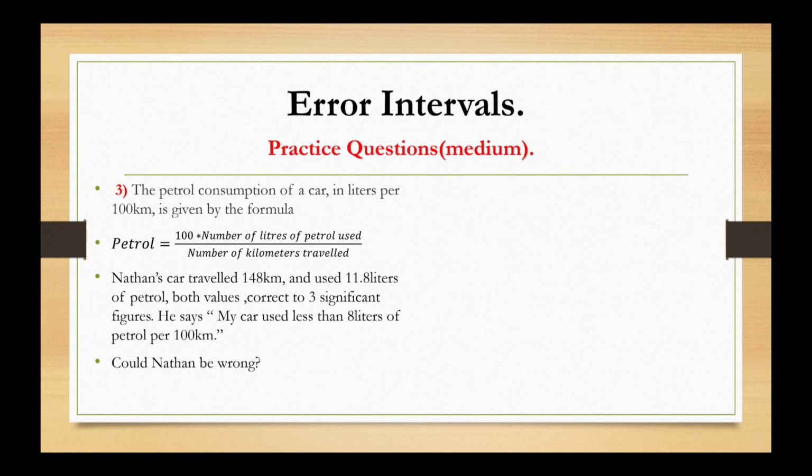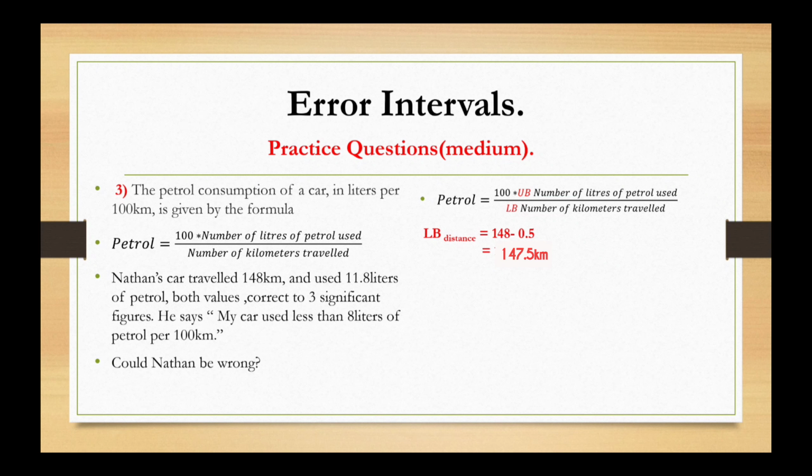So what we need to do is find the maximum amount of petrol that this car consumed and compare it with this value. So we'll need to find the upper bound of petrol, which is what is in the numerator, and the lower bound of the distance traveled. Let's start off with the lower bound of the number of kilometers traveled. So we have to do 148 minus 0.5, which would be 147.5.